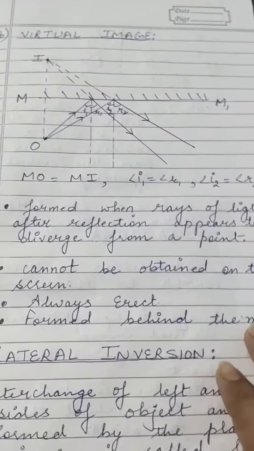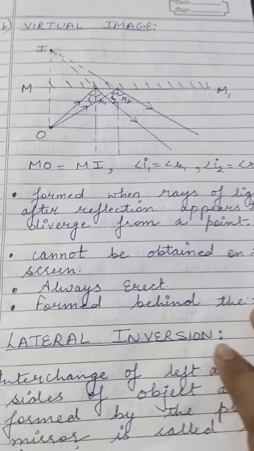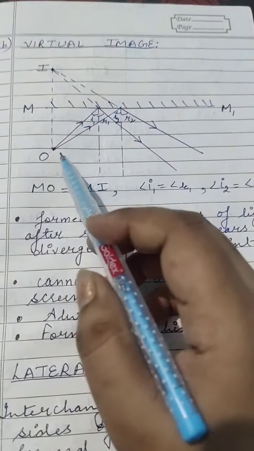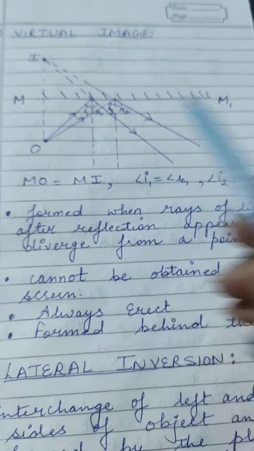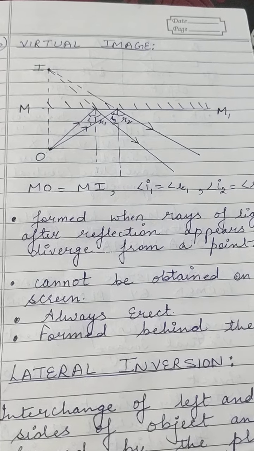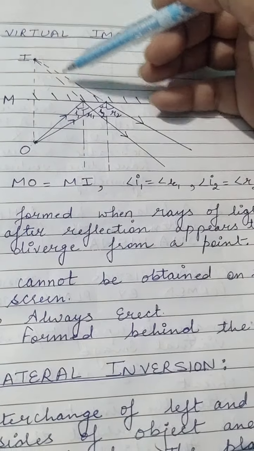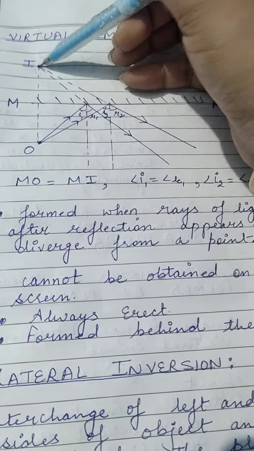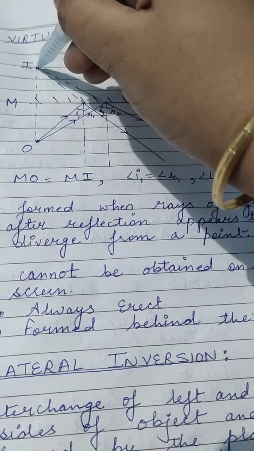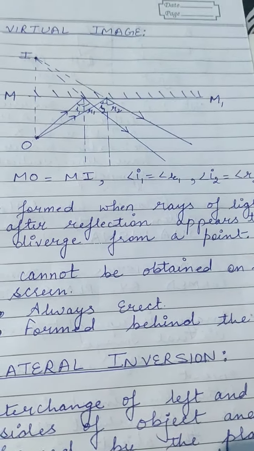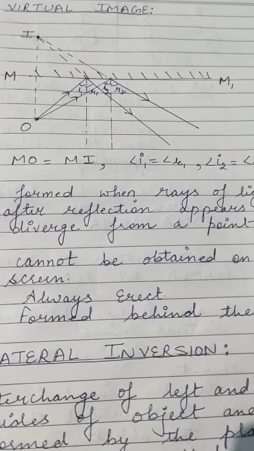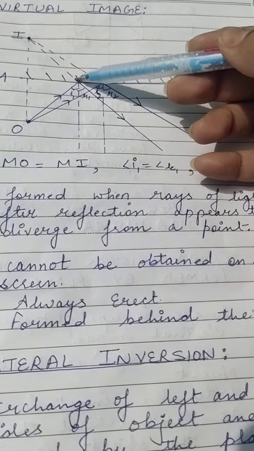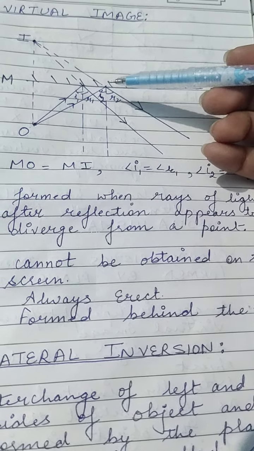And when we are talking about the virtual image, I have taken the image of a point object. So here you can see that a point object is there, O, and from that I have taken two incident rays which are reflected back, and these reflected rays, when produced backward, meet at a point, intersect at a point, that is your image. So the very important thing is that the reflected rays should not bend.